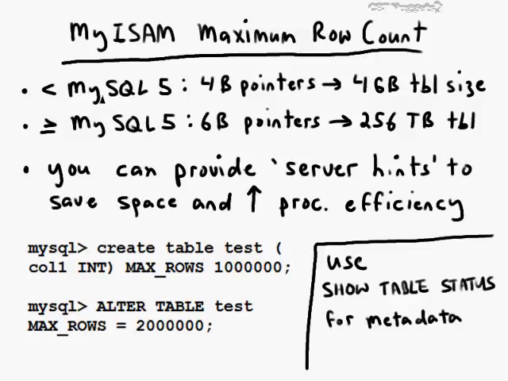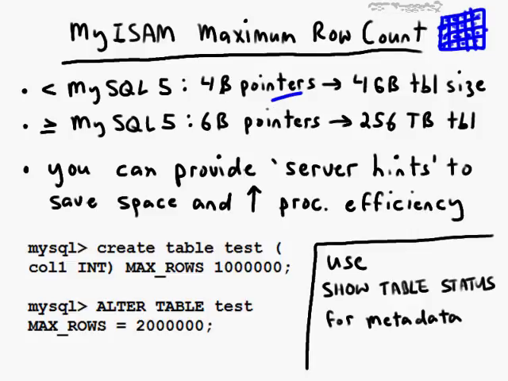Nutshell summary is, prior to MySQL version 5, MyISAM kept track of rows in a table by using 4-byte long pointers. Now the bottom line is, think of a table and where each row is and where each column in each row is. Think of it logically now as a grid, and each grid having a particular ID. MyISAM or MySQL needs to be able to identify or point to each row and each column with a discrete location.